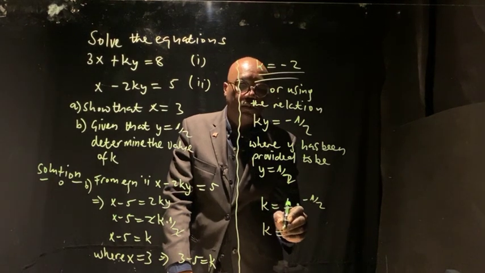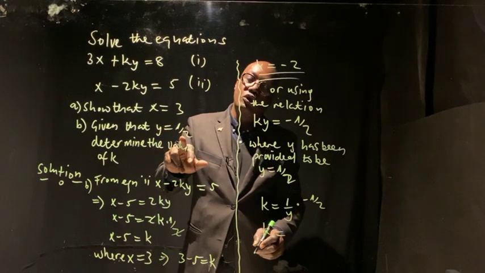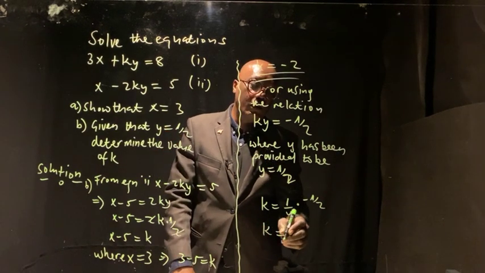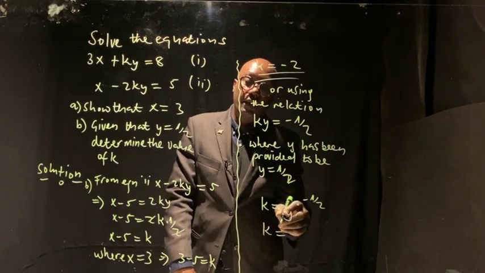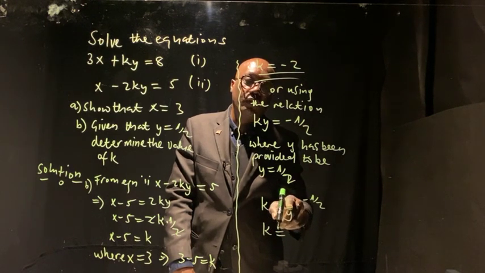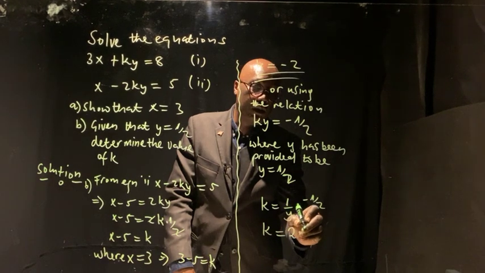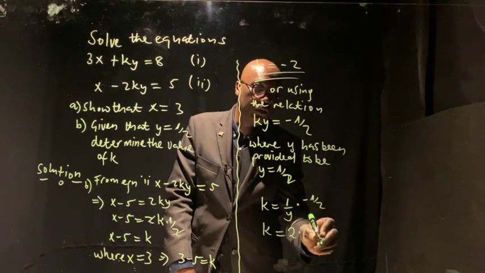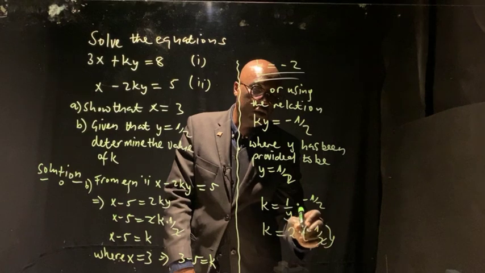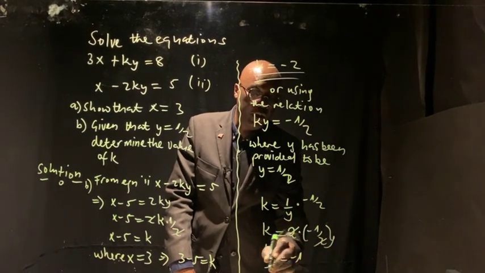What is 1 over y? Already we know that y equals half. Therefore 1 over y will be 1 over half. 1 over half is the same as 2. So we have 2 times minus 1 over 2. This 2 cancels this 2, so you are left with k equals minus 1.